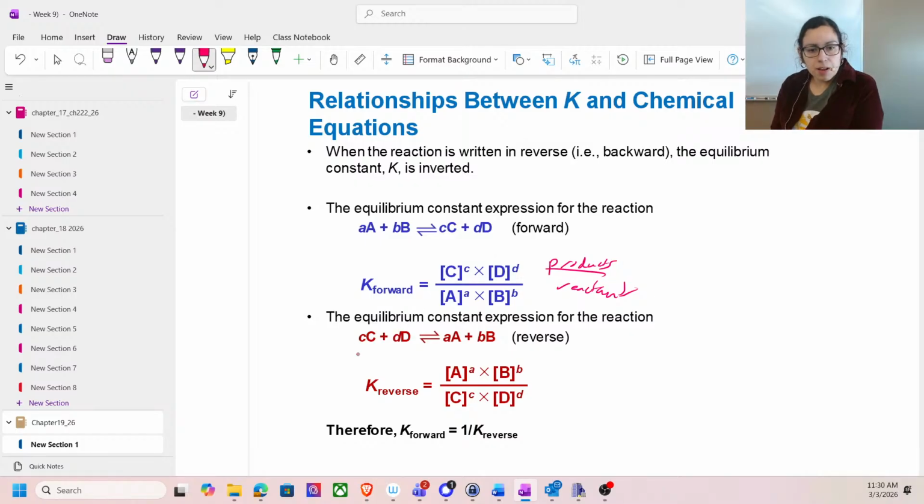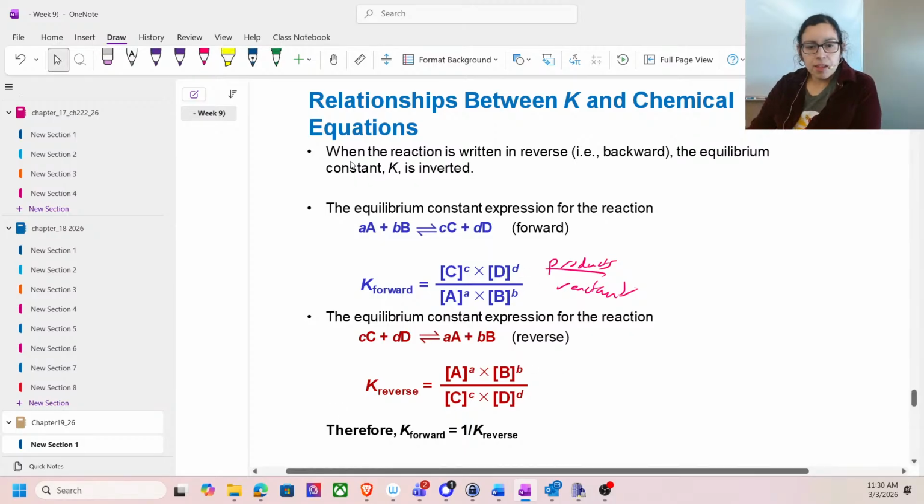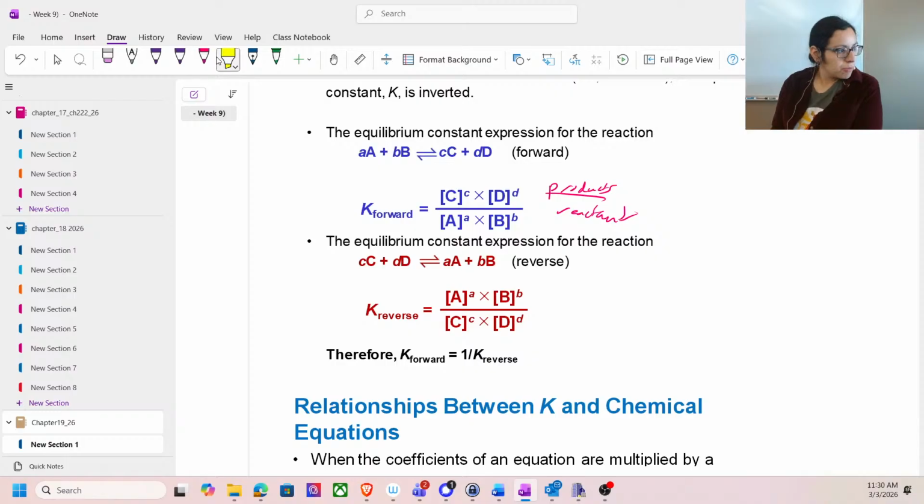So now our products become our reactants. We see that's flipped. And so the mathematical expression that we'll need later is our K forward reaction is equal to 1 over K for the reverse. So this might be helpful later.